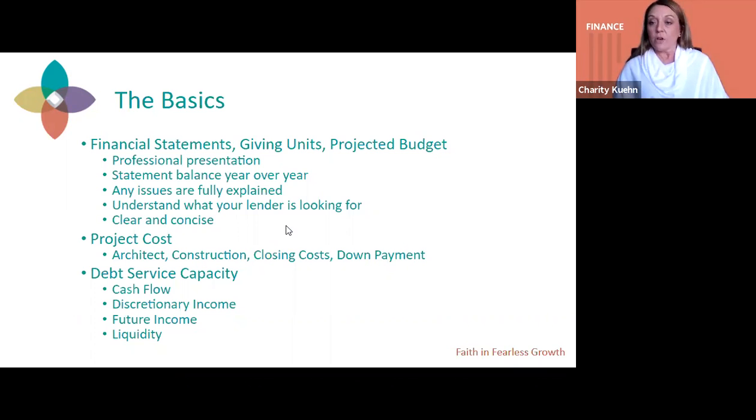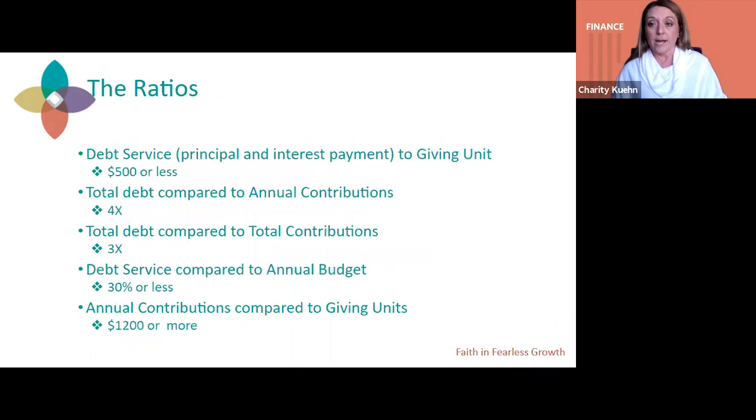So having all that stuff up front is really, really important. Another thing I want to just point out is that there are more costs to this than just the building budget. So be sure you understand everything that's involved.